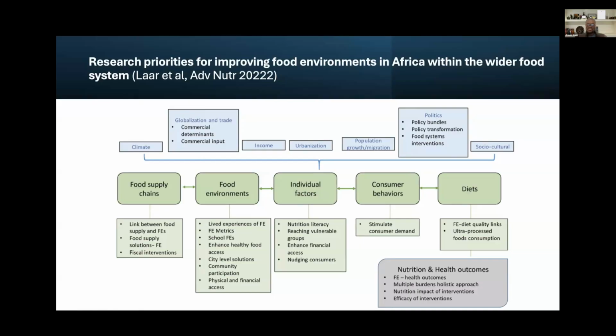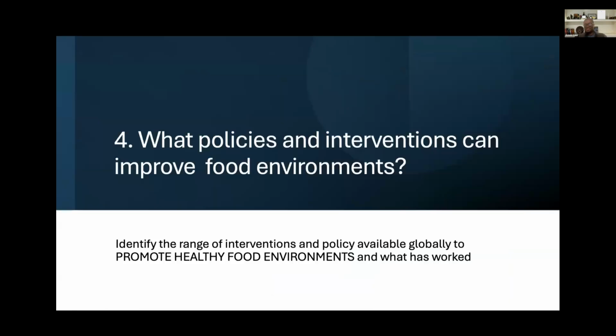For example, making sure that we look at things that are driving, but also things that would present our solutions. And so understanding people's lived experiences, school food environment, city level solutions, community participation, fiscal and financial access.